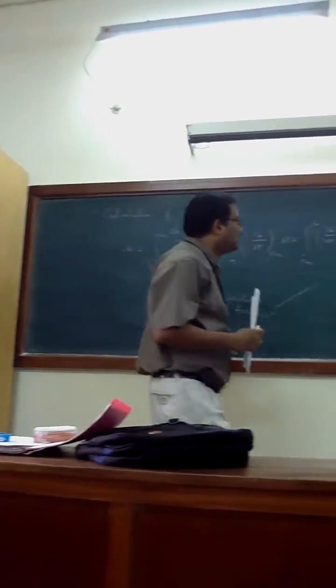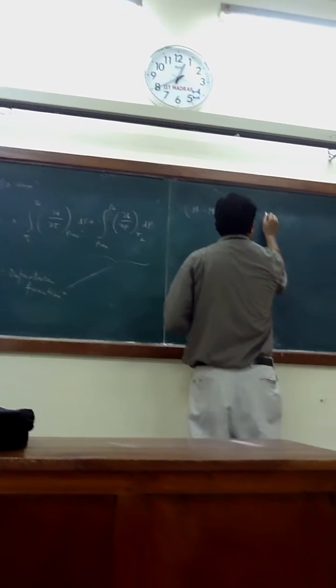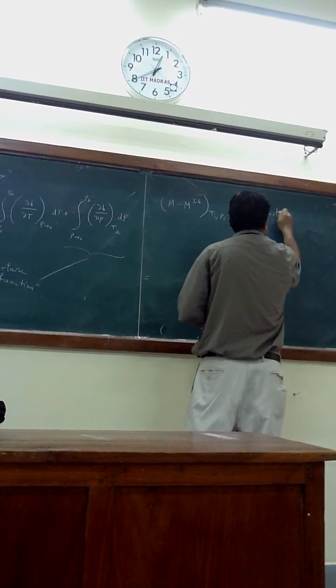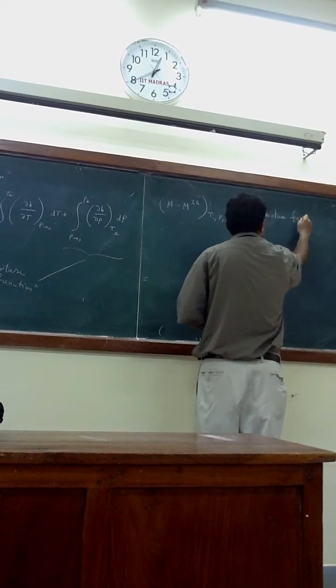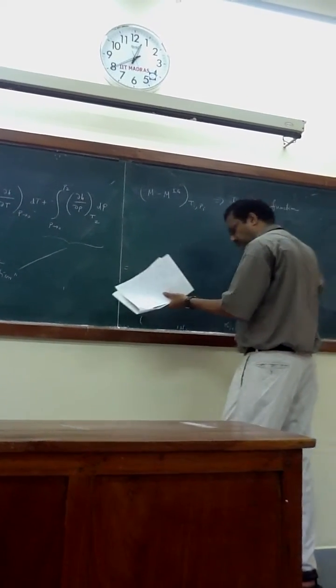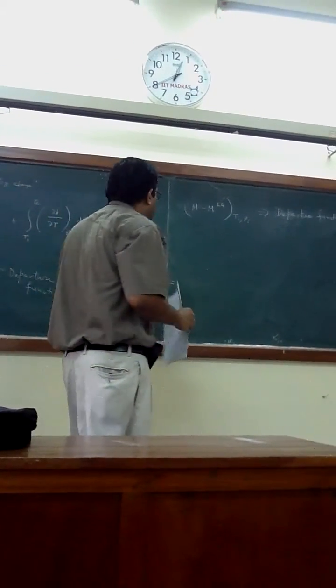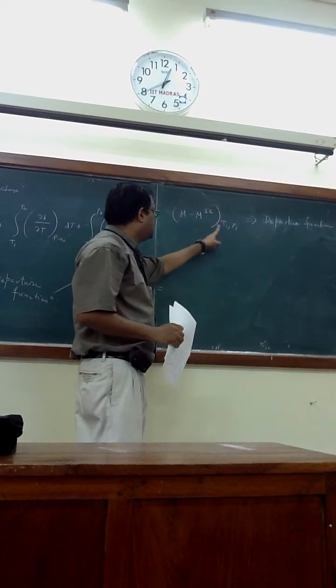This is called departure function. You have to calculate this M minus M ig at T, P.